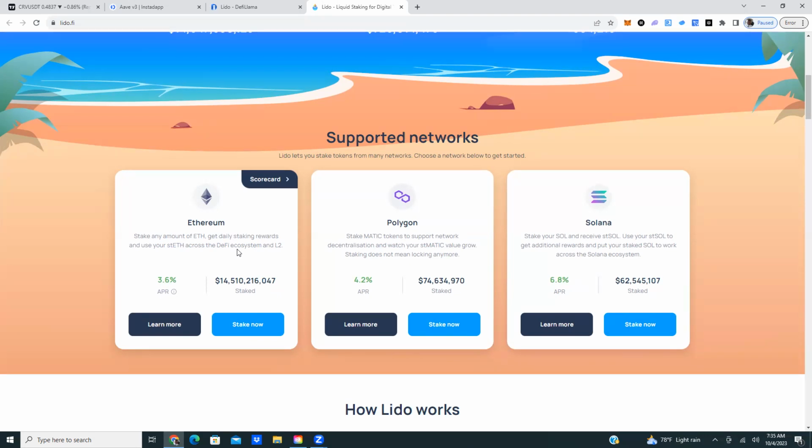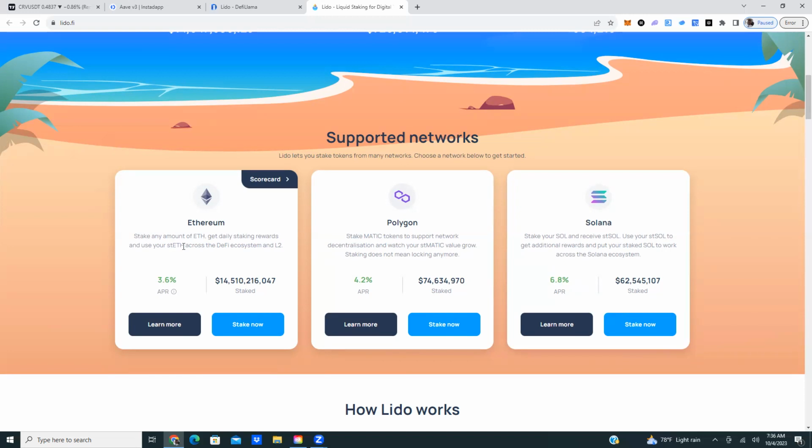What that means is they're going to give you staked Ethereum. When you stake your Ethereum or deposit your Ethereum, they're going to give you stETH, or staked Ethereum, that you can use on DeFi ecosystems throughout this entire decentralized space.